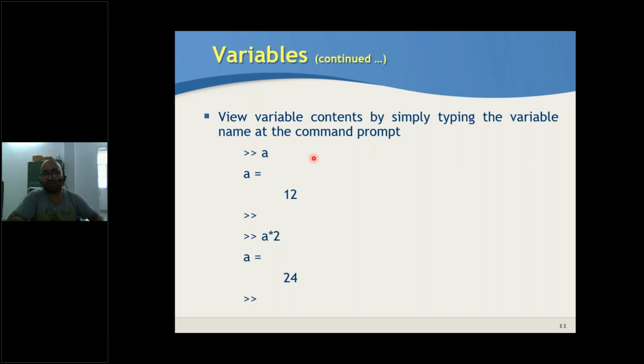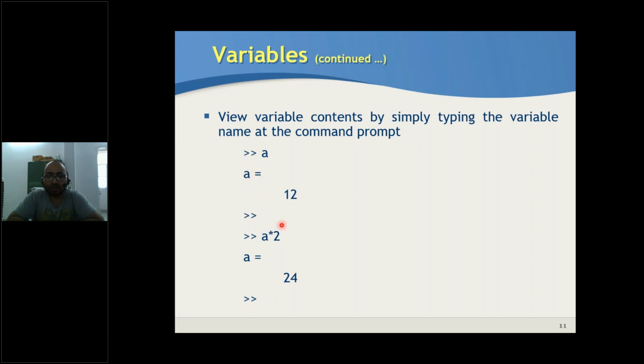In the command window, you just need to type that variable and enter it. When you enter, you will get the value of that variable. So if a is already defined and we want to know its information, we just have to type a and enter it. We will get the stored value of the a variable.